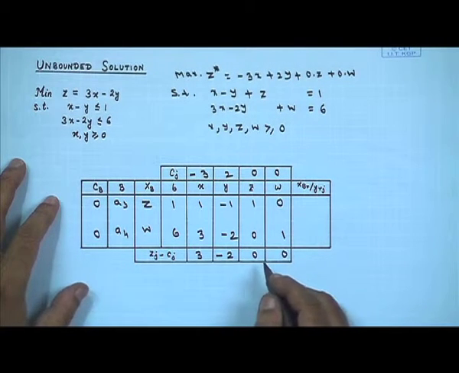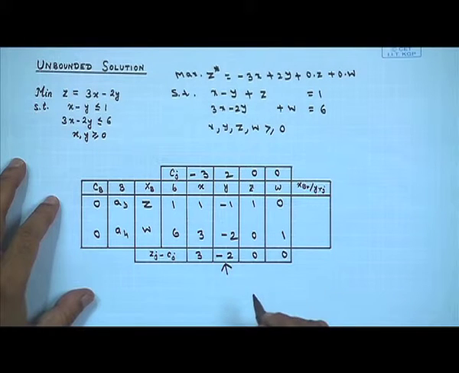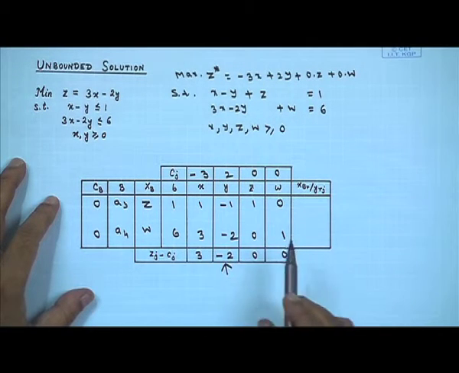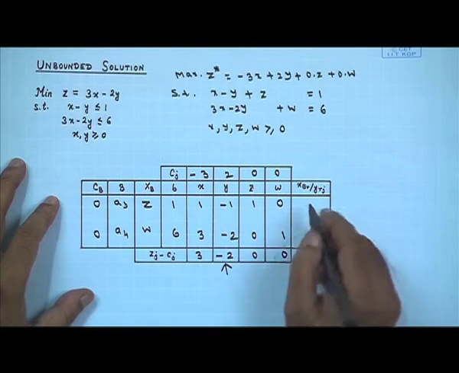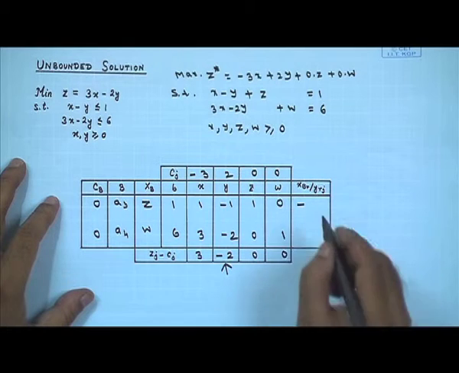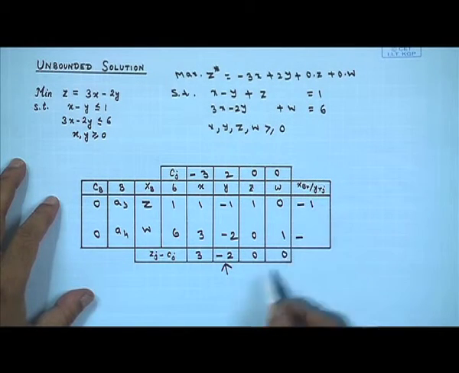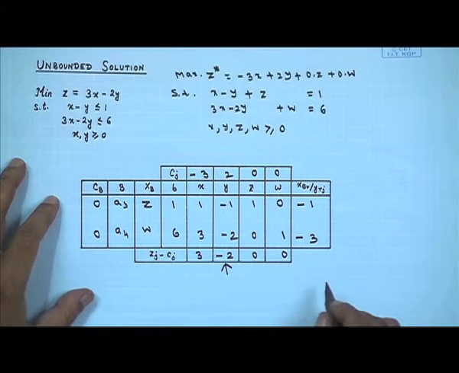In this case, your entering vector is basically y. It will be replaced by the one given by the ratio b by xj. But in both cases, the first one is 1 by minus 1, that is minus 1, and the second is 6 by minus 2, that is minus 3.